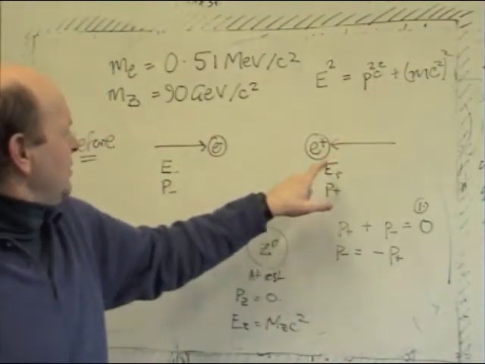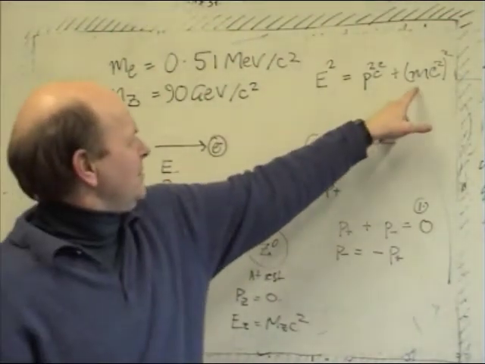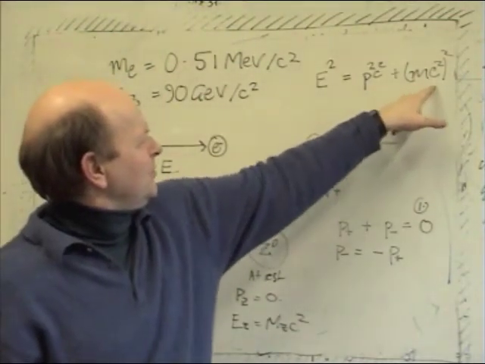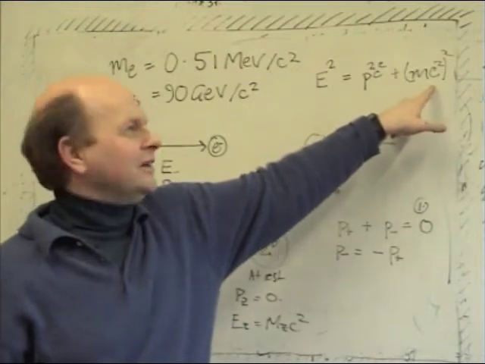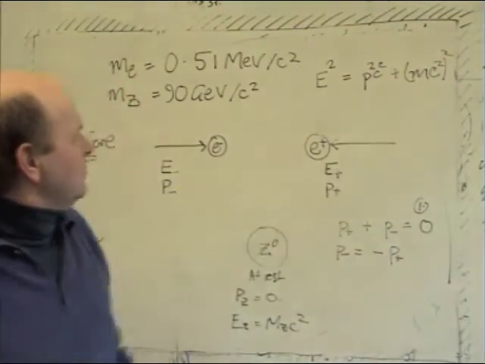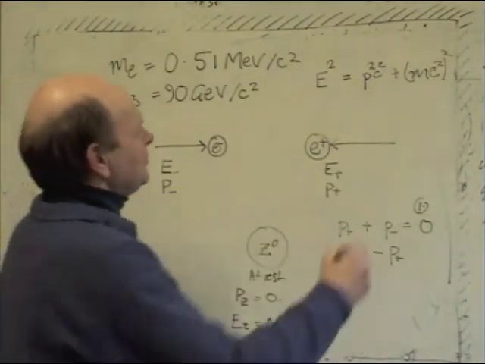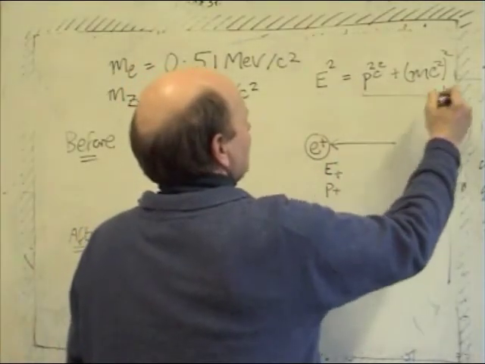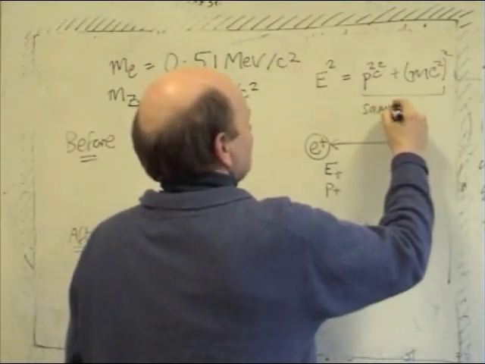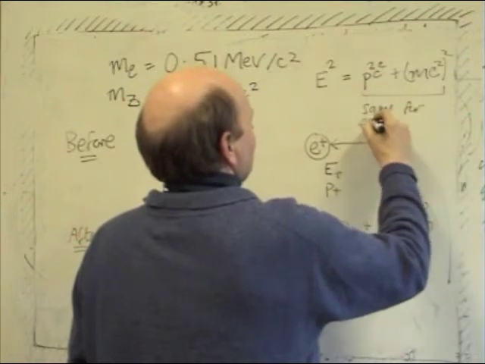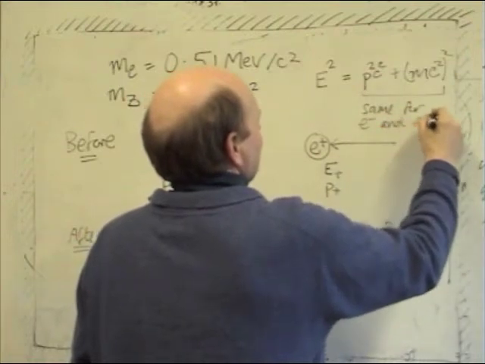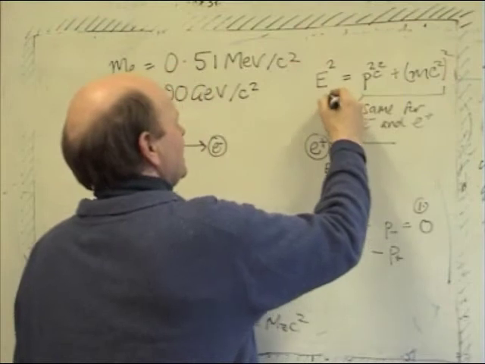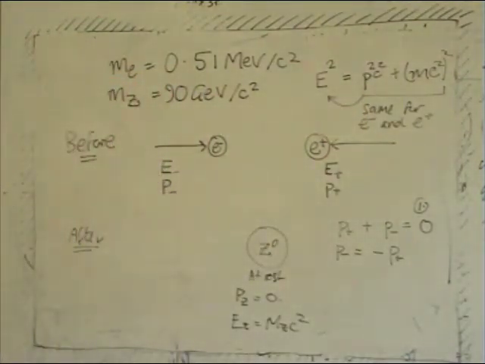But in addition, both the electron and the positron have the same mass. So that means that the second term on the right-hand side of the equals sign is also the same for both the electron and the positron. And so the entire right-hand side is the same for the electron and the positron. And therefore, the left-hand side has to be the same for the electron and the positron.